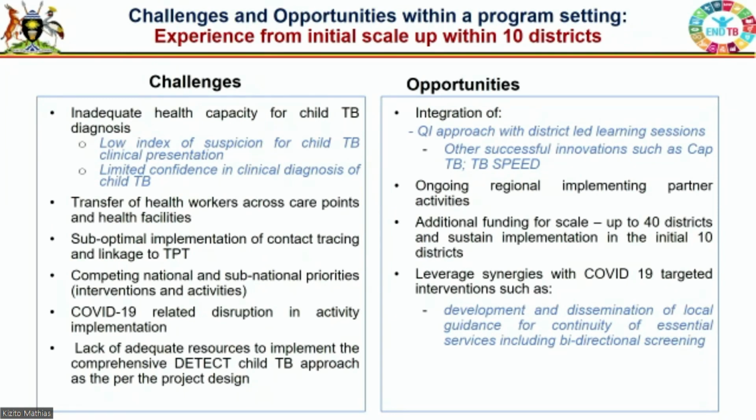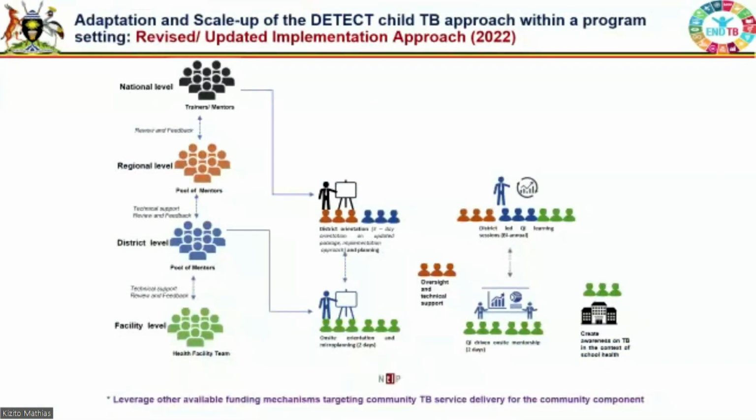We also have regional implementing partners that support us, and the opportunity for focused funding. And we also learned experiences from COVID-19 by directional screening and other related interventions. So this is a schema of what we plan to implement.